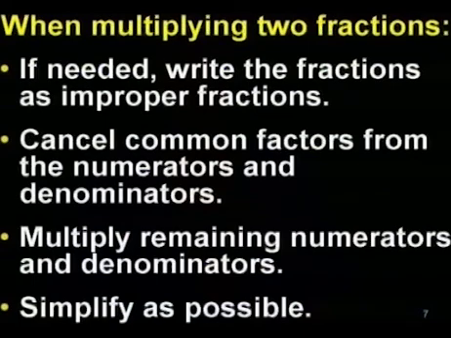Change them to improper fractions. Good. After that, you can cancel common factors from the numerators and denominators. Once you've cancelled, you multiply the remaining numerators and denominators. And then after that, you can simplify.